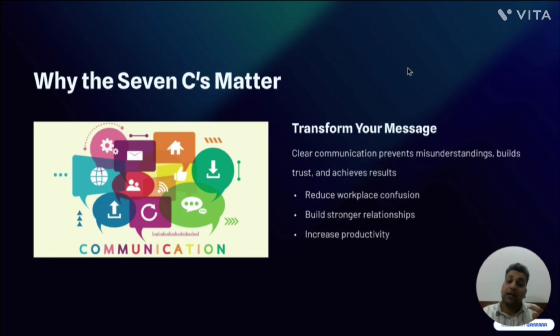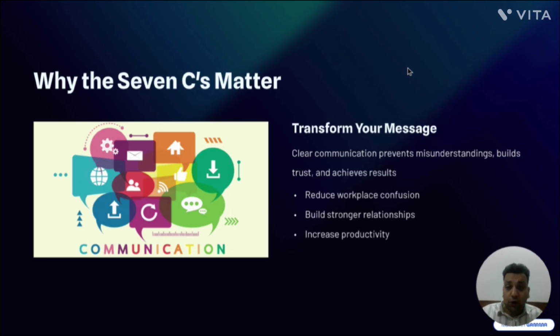And communication simply means making relationships, making connections. And in order to build strong relationship, better communication, better understanding, better relationship, you need to keep these 7 C's in mind. And communication is used to increase productivity at a workplace.